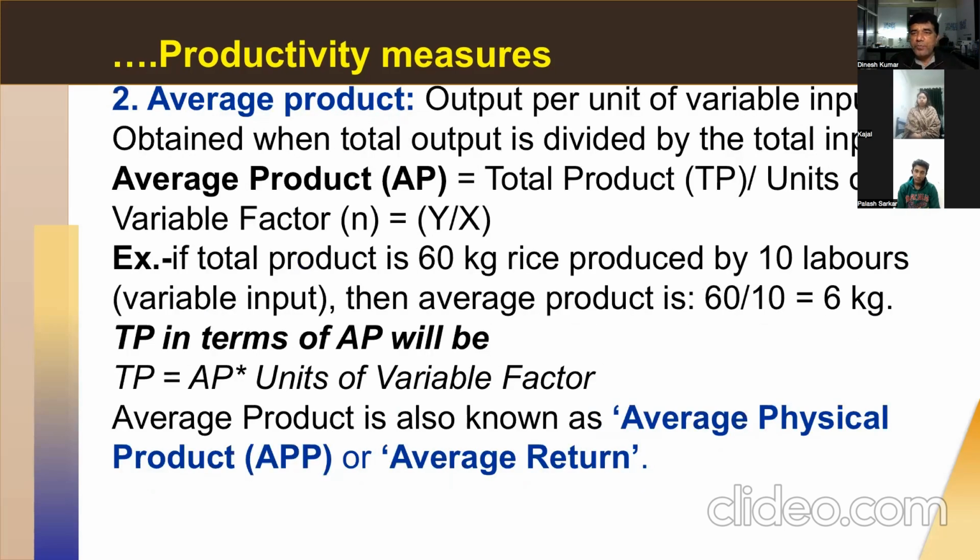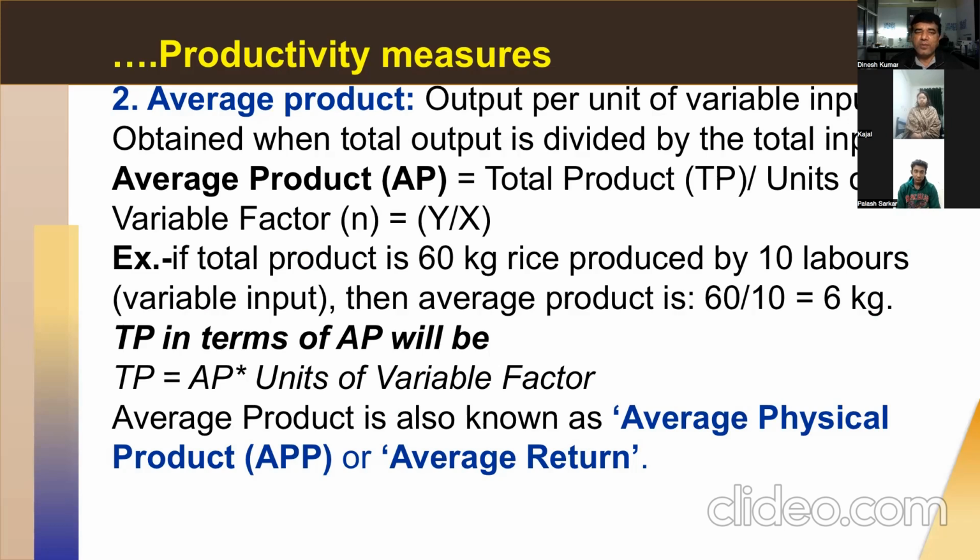Average product is output per unit of variable input, obtained when total output is divided by the total input. Average product is equal to total product divided by units of variable factor. So here you are taking only one factor at a time.